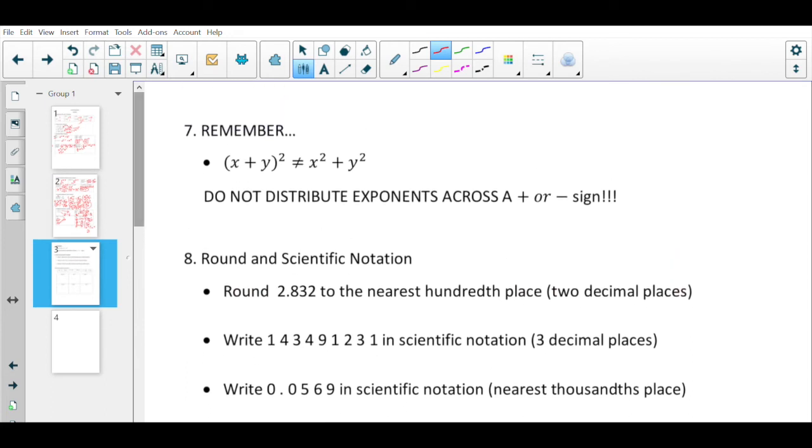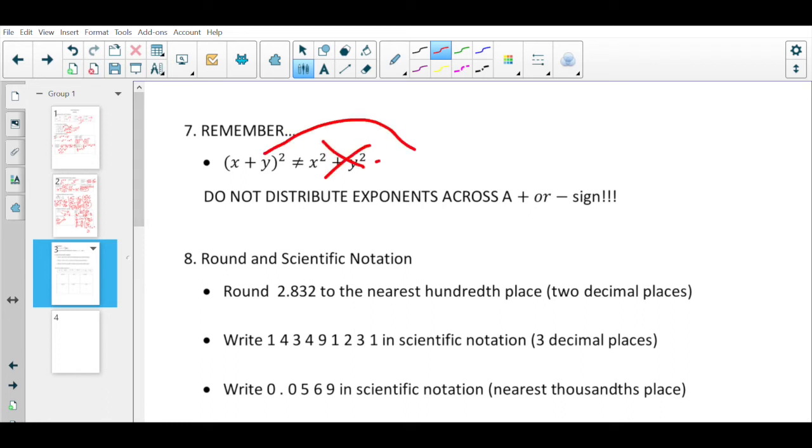A couple other useful rules to remember. x plus y, the quantity squared, does not equal x squared plus y squared. You cannot distribute that exponent across a plus sign. Also, you can't go across a negative sign or a subtraction sign either. So that's not true.